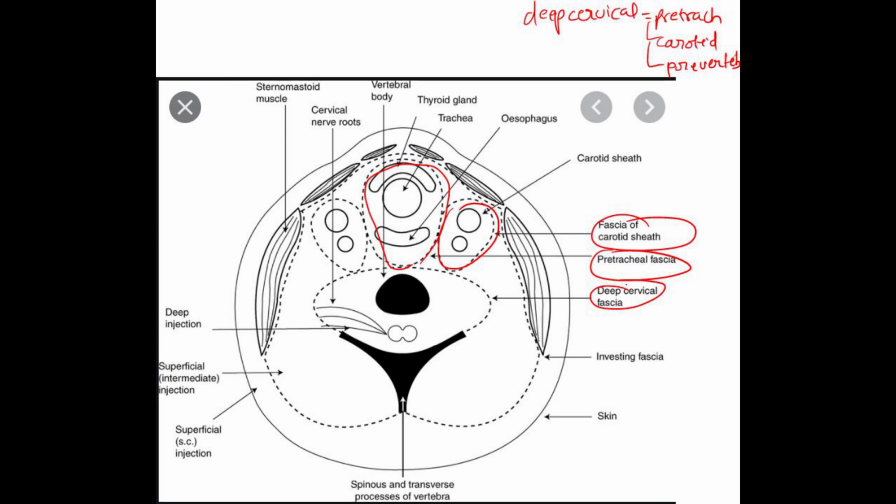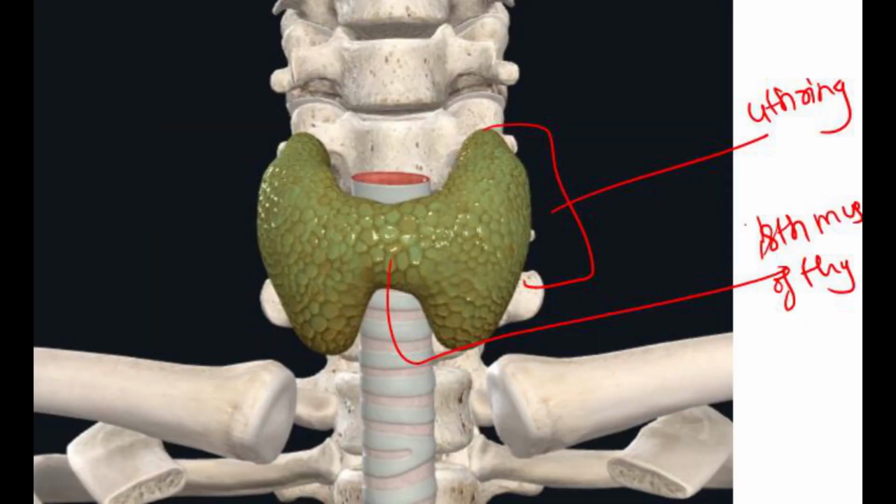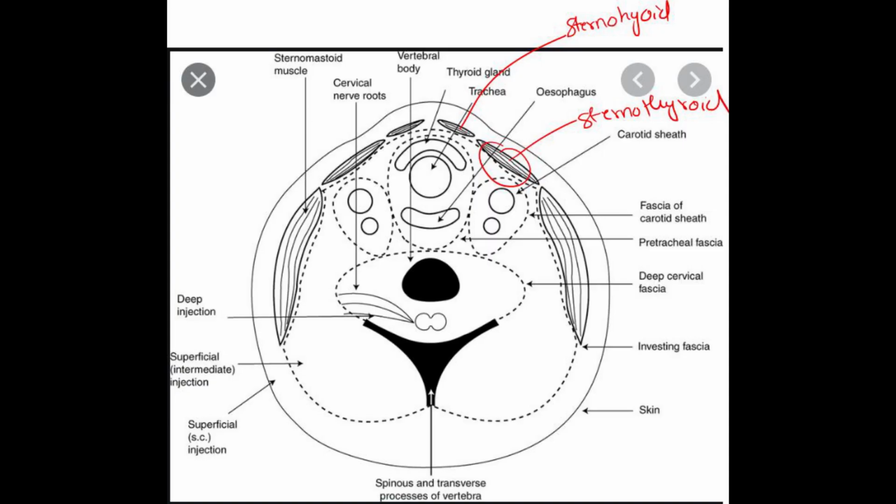Then as we go downwards towards the fourth tracheal cartilage, so remember there are 15 tracheal cartilages, it is crossed by the isthmus of the thyroid gland. And considering the muscles, there is the sternohyoid and the sternothyroid muscles.